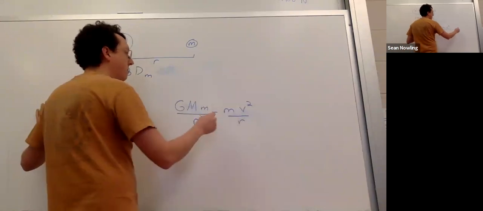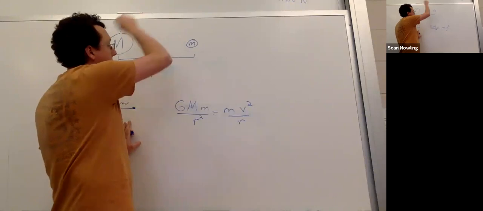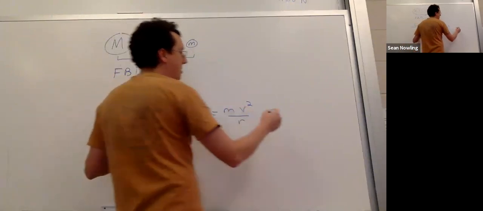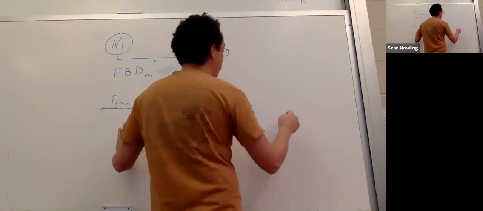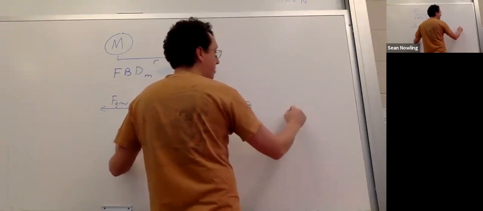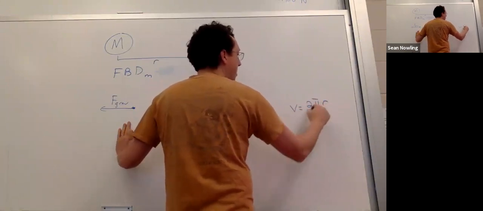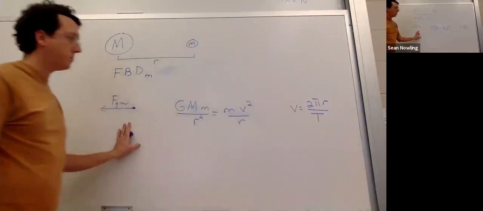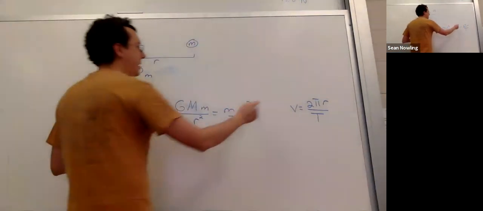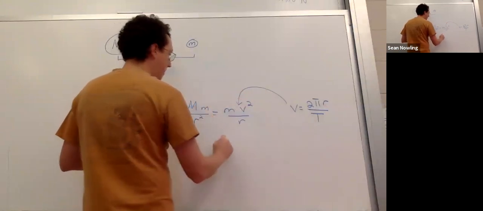So I'm going to make another assumption, which turns out to be true, that the speed remains constant as it goes around this orbit, which would be true for circular motion. So I'm going to assume that the speed equals 2 pi r divided by the period of the motion. So if I do that and plug into here, I get the following equation.